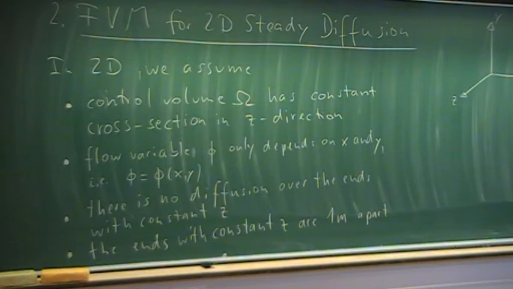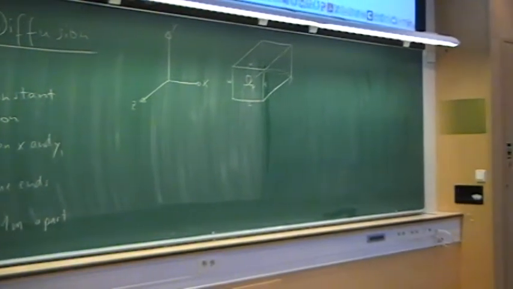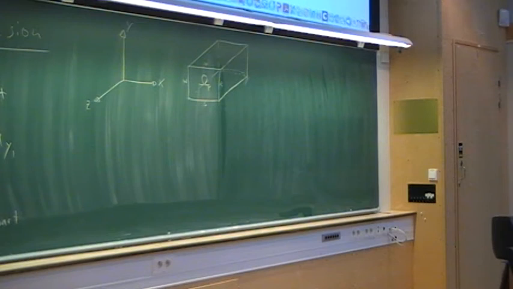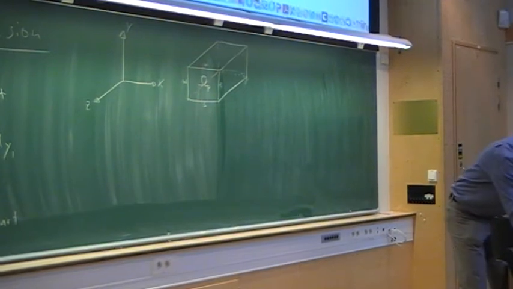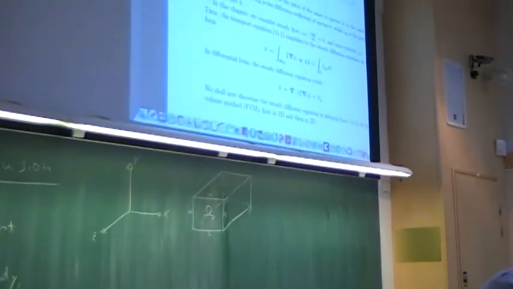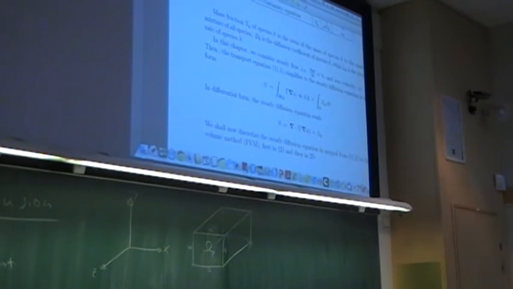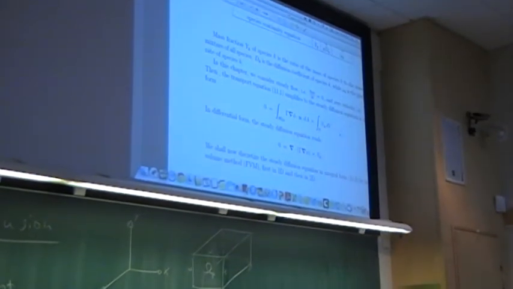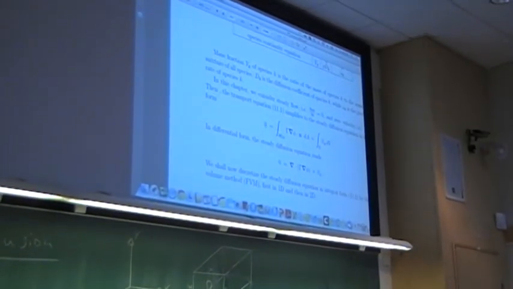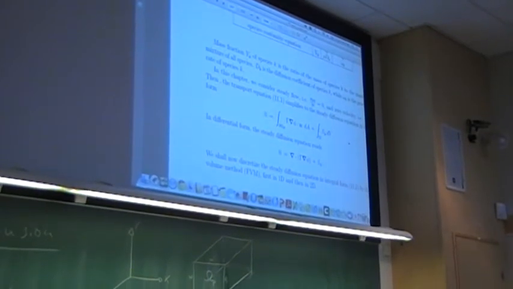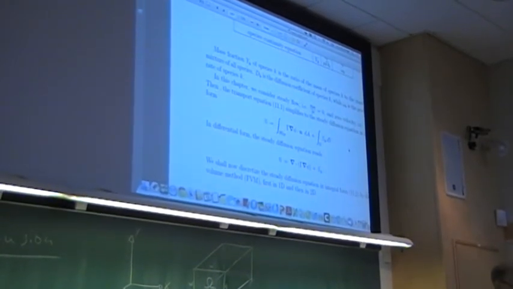So now we want to look at the equation governing steady diffusion, and we start off from the general form, which is what we discussed in the beginning. So it is the equation that we have here. This equation was for a general control volume omega p.